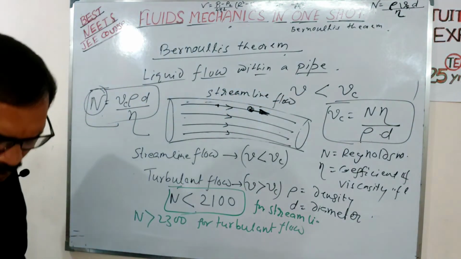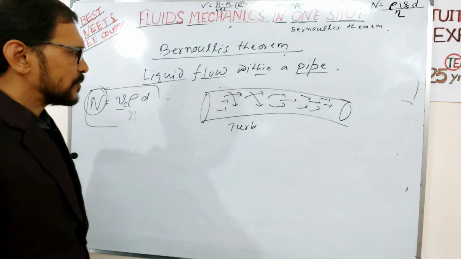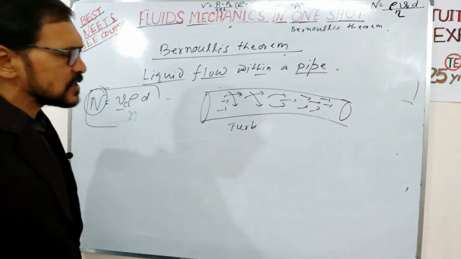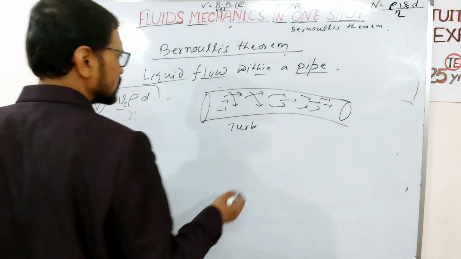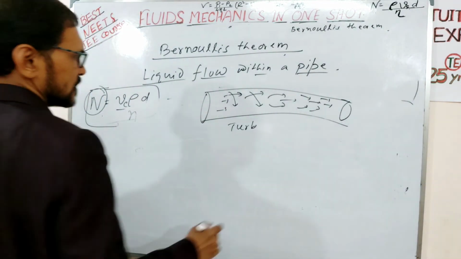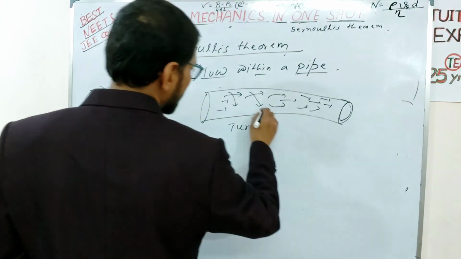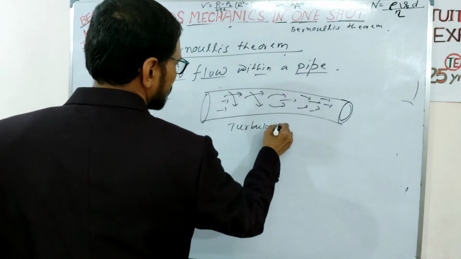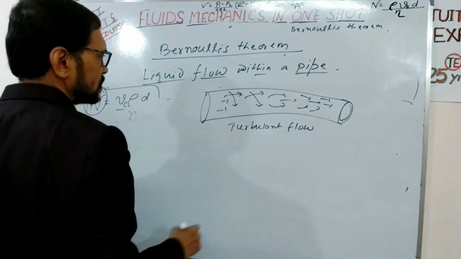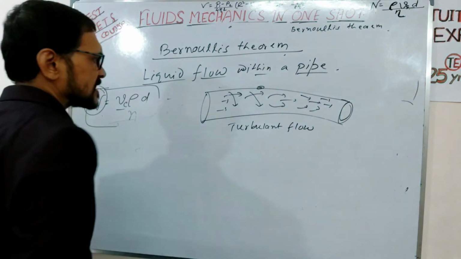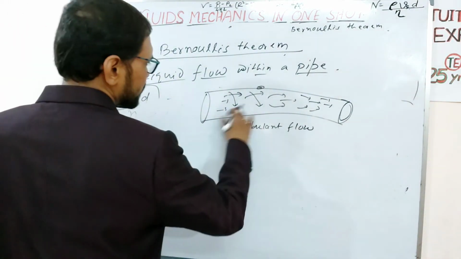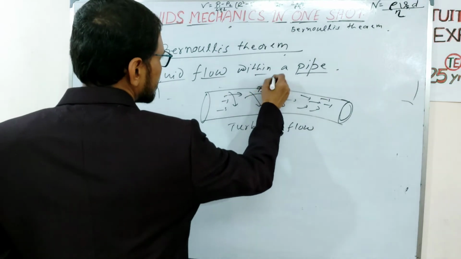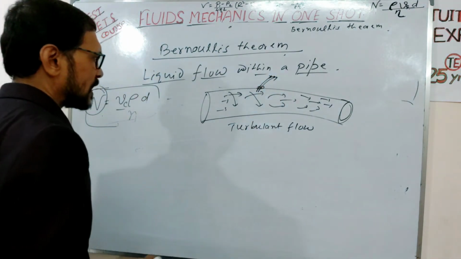And what is turbulent flow? The movement of every particle is random. It has no particular direction. It flows randomly. If the velocity of the liquid through a pipe becomes more, then turbulent flow occurs. Now if a hole is present at the surface of the pipe and turbulent flow occurs, then liquid comes out through the hole.